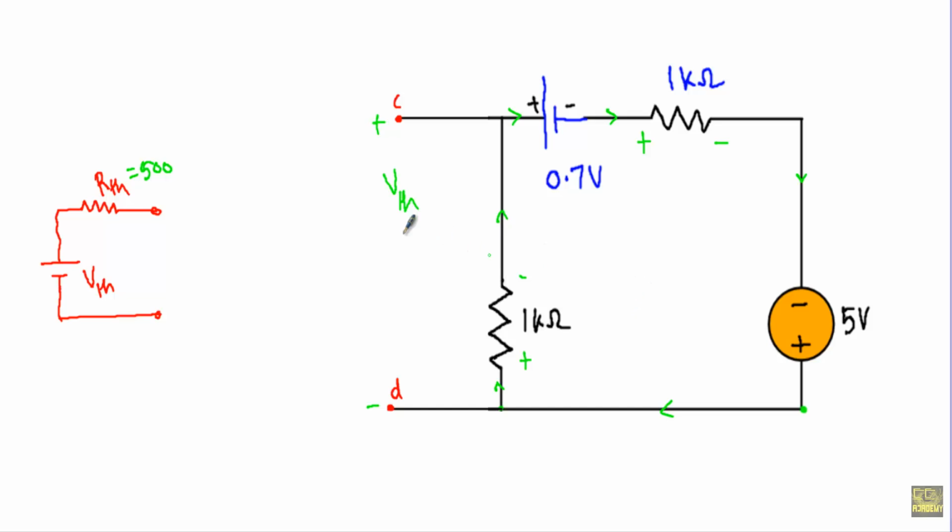To calculate the voltage across this terminal and this terminal, at first I have to know the value of current. Let's say that current is I1.